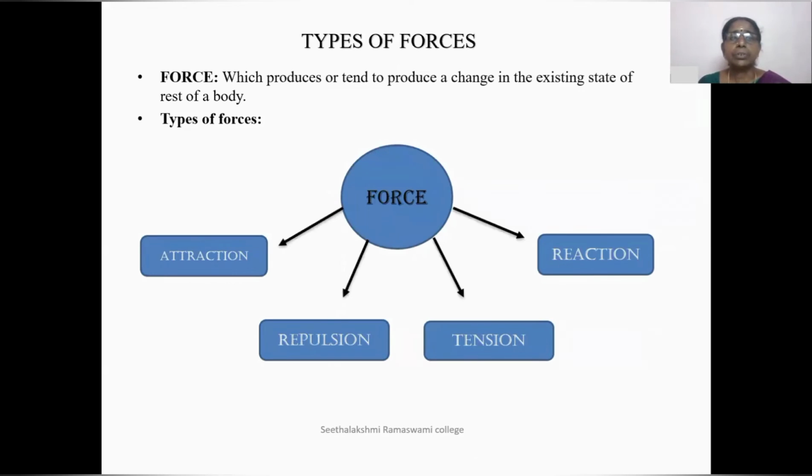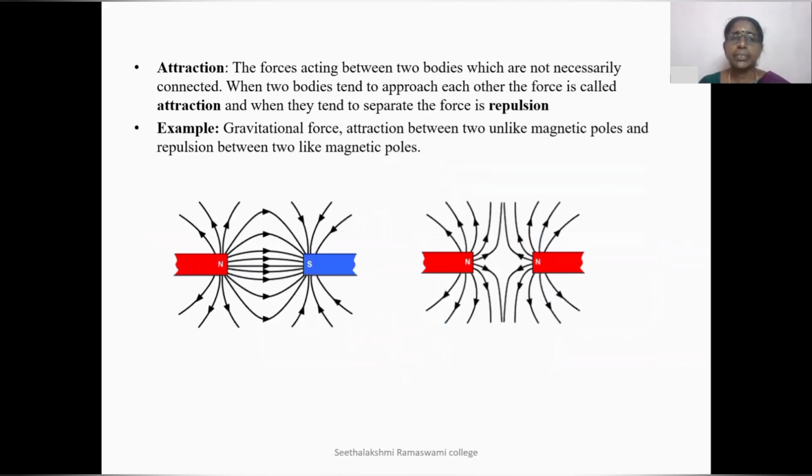Types of forces. Force is that which produces or tends to produce a change in the existing state of rest of a body. We have four types of forces: attraction, repulsion, tension, and reaction. Attraction: the force acts between two bodies which are not necessarily connected.